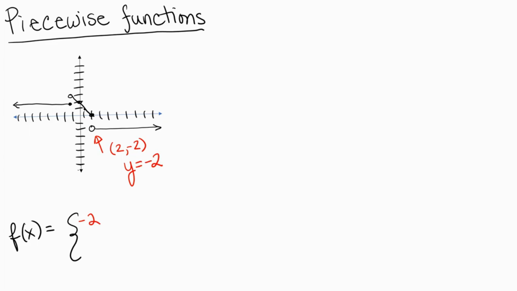And this is true when x is greater than +2, because that's where it starts, and then it keeps going. We're not going to make it equal to or greater than 2 because we have an open circle, which means it's not going to be quite at 2, but just slightly above it.